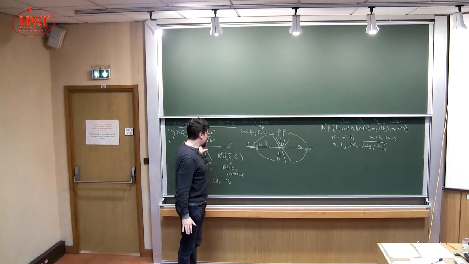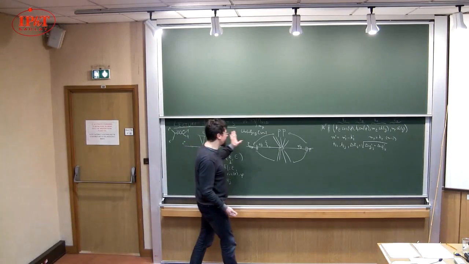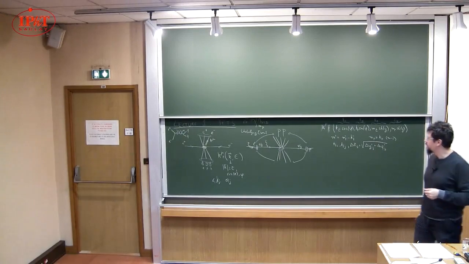So just to keep things clear, usually I'm first going to discuss jets in E plus E minus, keeping in mind that this is something you want to use rather for precision physics. Then I'm going to discuss jets, how to generalize this in the context of PP collisions. All right?